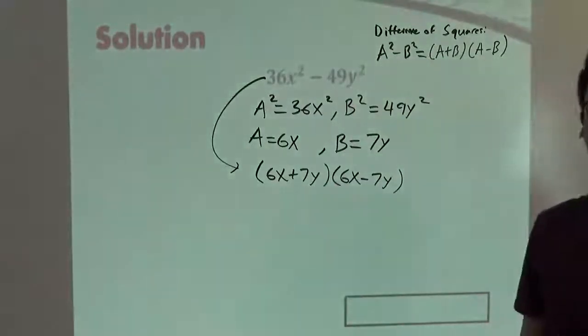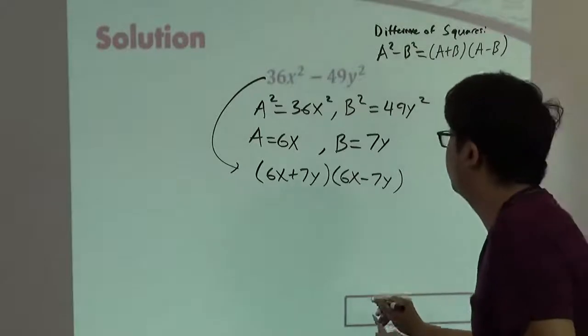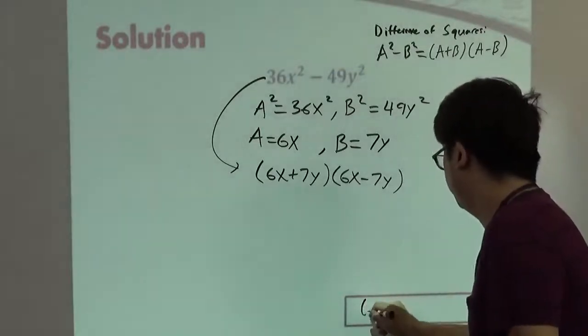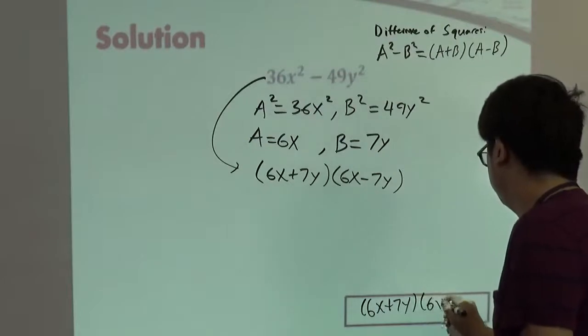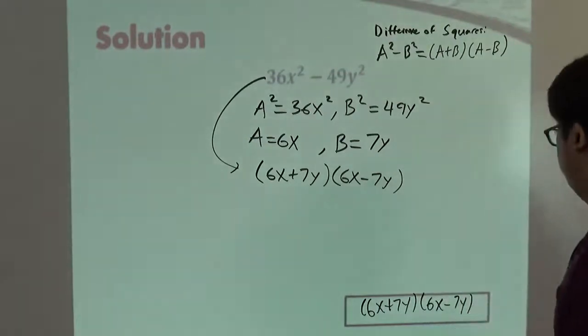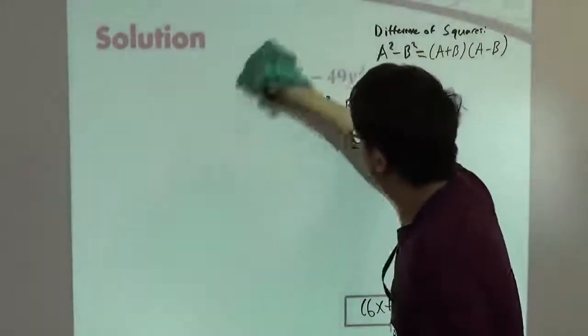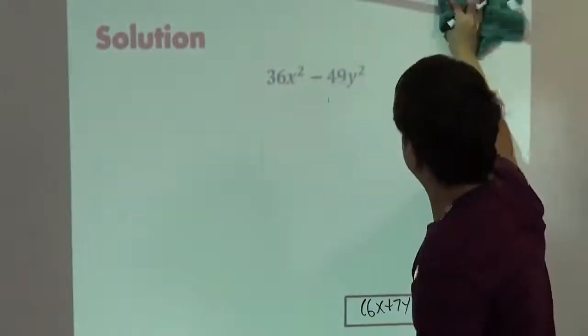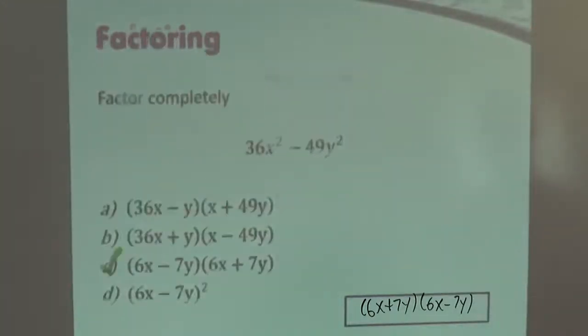That should be the factored form using the difference of squares method. There we go, 6x minus 7y times 6x plus 7y.